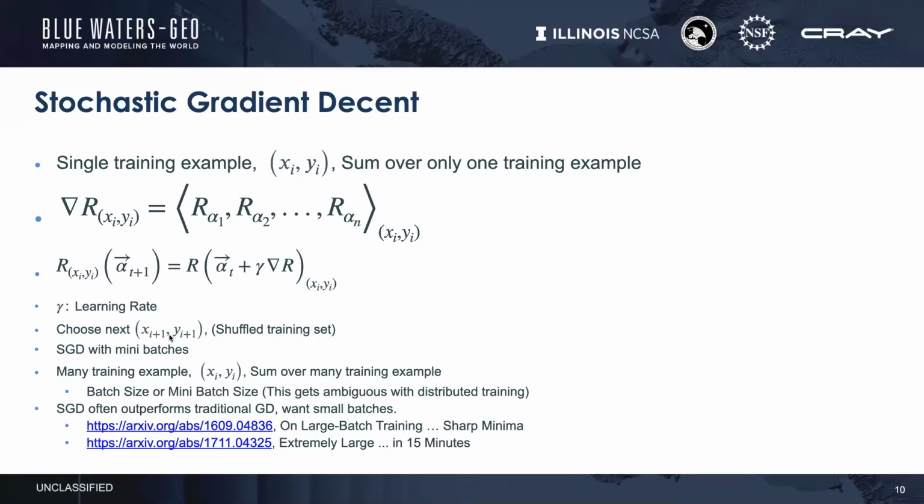So every time you update the weights in stochastic gradient descent, you're doing it after evaluating the model at different training samples. Now, the pure version of stochastic gradient descent says that you do exactly one example at a time. One example, update the weights. Next example, update the weights.